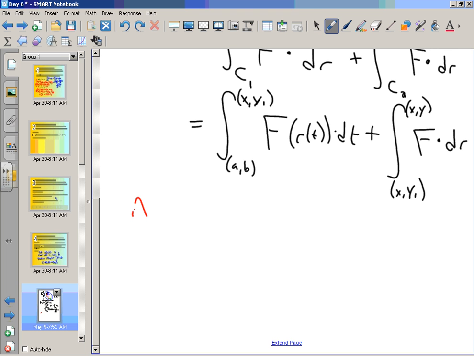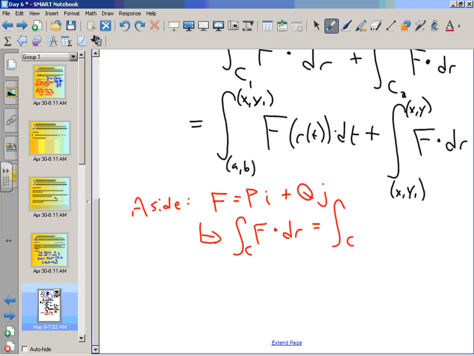So remember we saw, as an aside, that if f equals p i plus q j, with the i component being some function p, and the j component being some function q, then the line integral over f was equal to the line integral of p dx plus q dy.